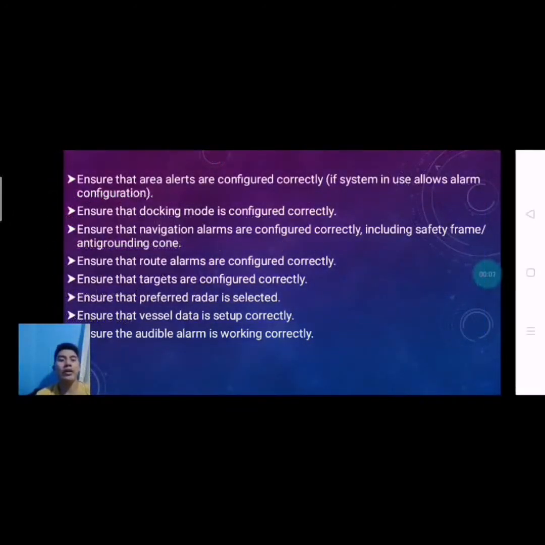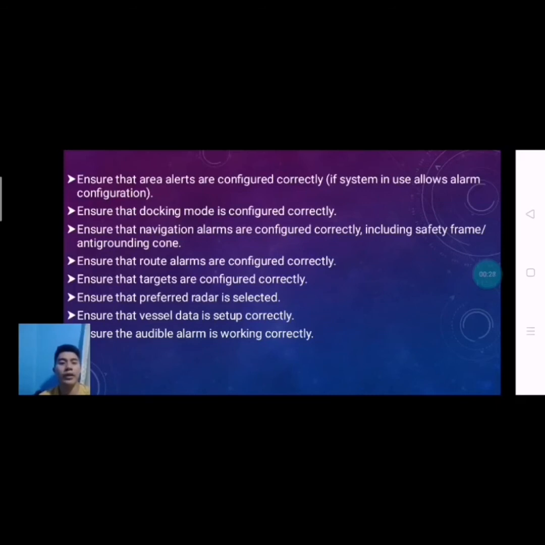Ensure that area alerts are configured correctly. A system in use allows alarm configuration. Ensure that docking mode is configured correctly. Ensure that navigation alarms are configured correctly, including safety frame and grounding cone. Ensure that route alarms are configured correctly. Ensure that targets are configured correctly.